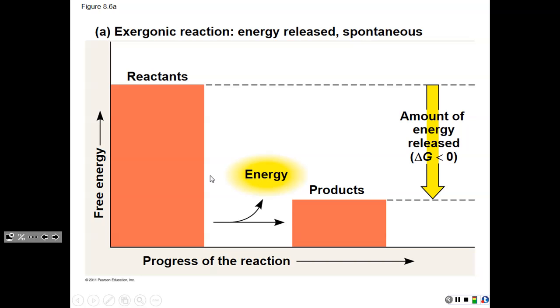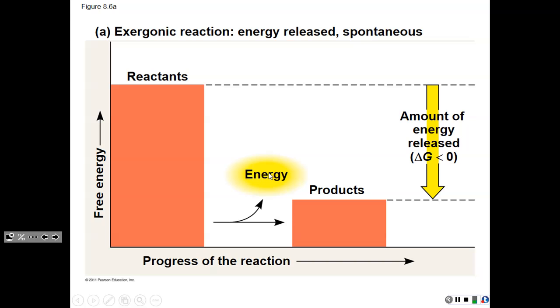But remember this slide, right? This one is showing you again, in broad brush strokes, what's going on with a reaction that is energetically favorable. Bottom line is, if the delta G, the change in Gibbs free energy, is negative, the reaction can occur spontaneously. It will allow you to move quickly from substrates or reactants to products, and along the way release energy.